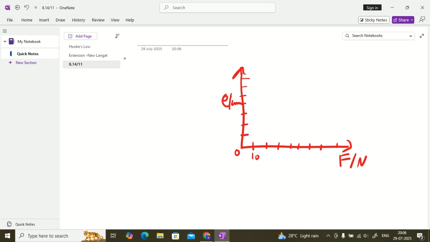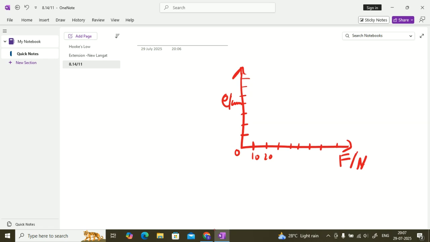So let's say it's 10 grams, 20 grams. Let's take it in the form of newtons. Let's imagine that it's not in grams, it's in newtons. We can convert grams to newtons by converting grams to kg and then multiplying it by 10, but we are just avoiding that over here.